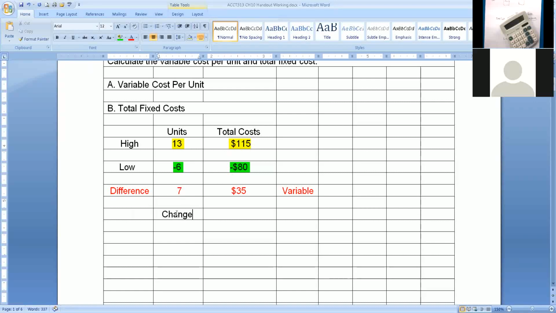I don't know how to type, but so the change in total cost divided by the change in units. So total cost of change is $35. And the units change was 7. So that will equal 35 divided by 7 is $5.